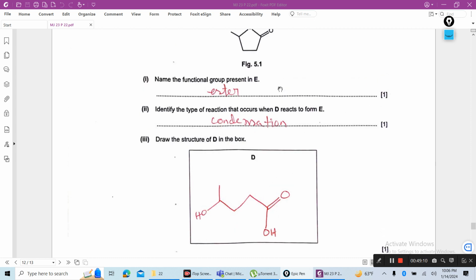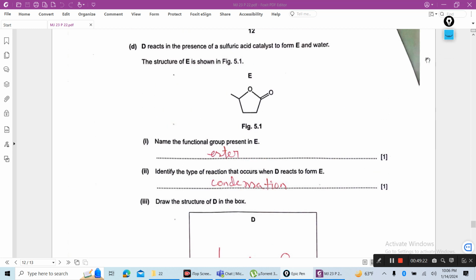Now draw the structure of D. You see, D reacts with sulfuric acid, this breakdown here, so O will be the alcohol. You break down this oxygen, and hydrogen will be added here.